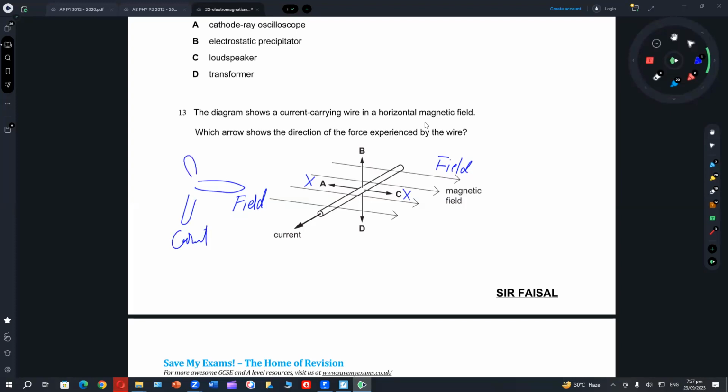And the thumb will be pointing upward, the force. So the answer is B.